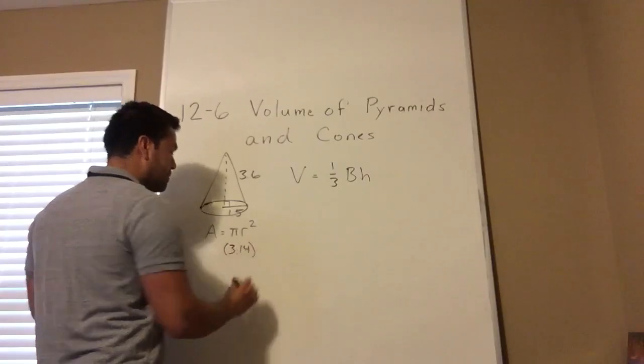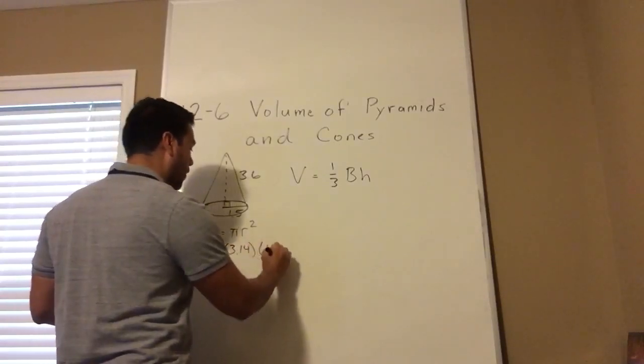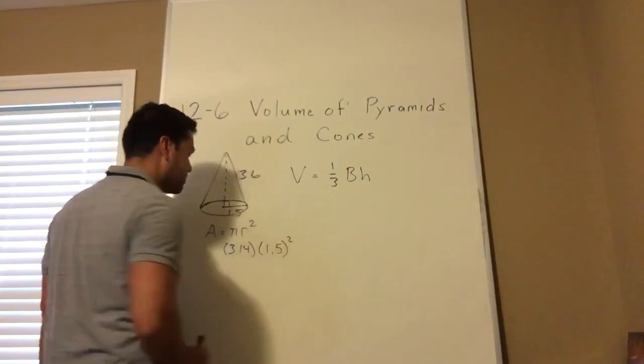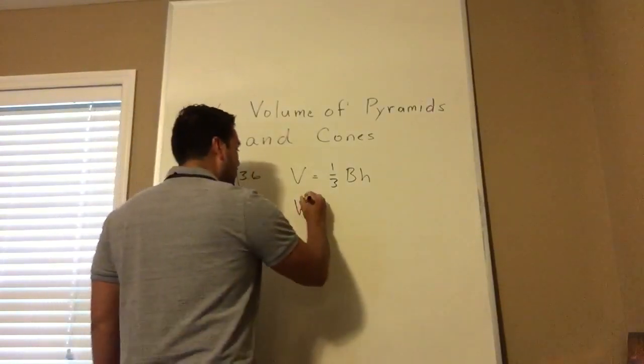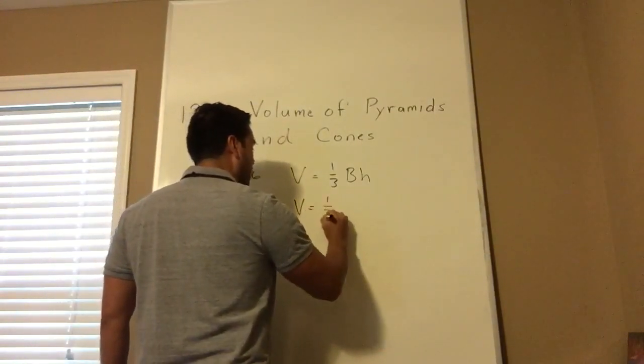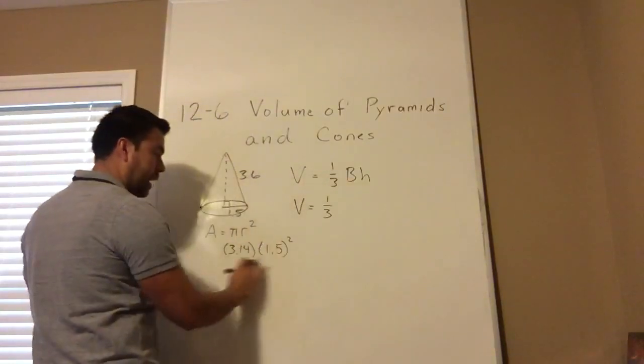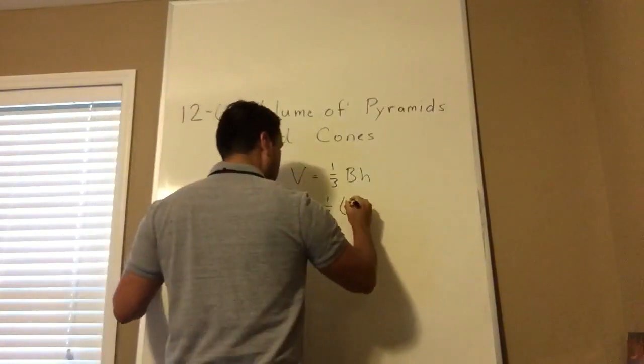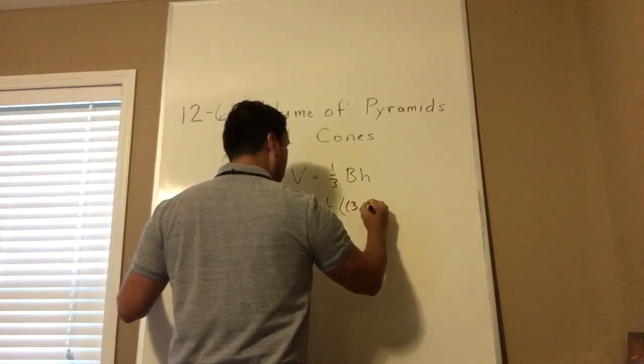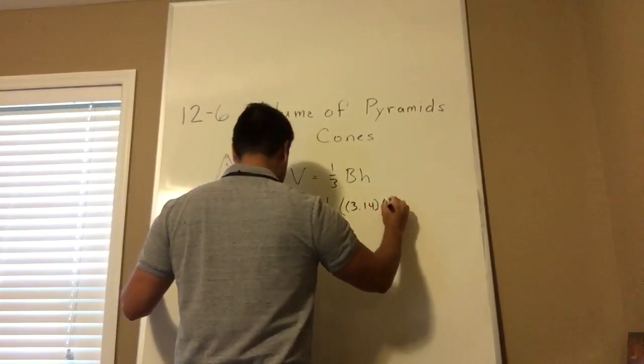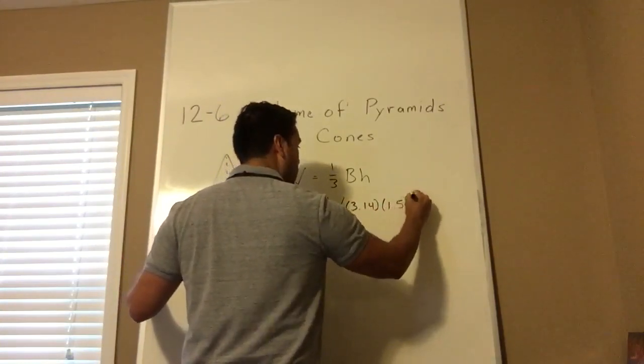Okay, so 3.14, and then the radius is 1.5 squared. Okay, so I'm going to put that into this formula. So the base, I'm putting in the area of the base here. That's 3.14 times 1.5 squared.